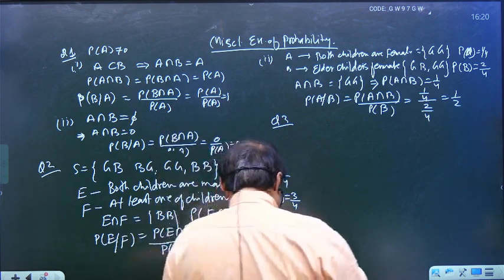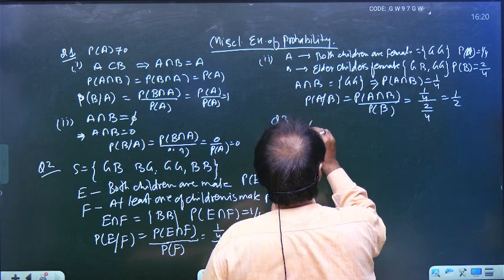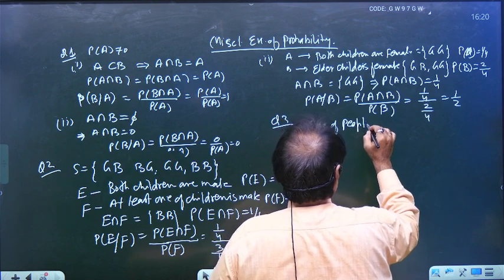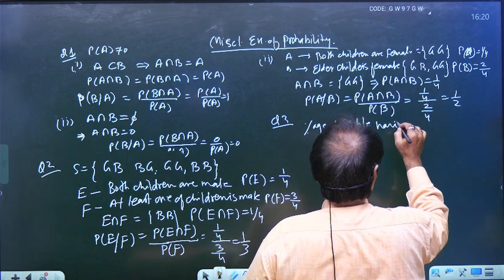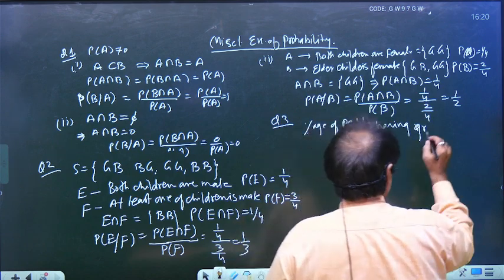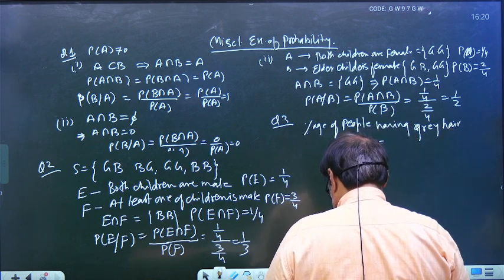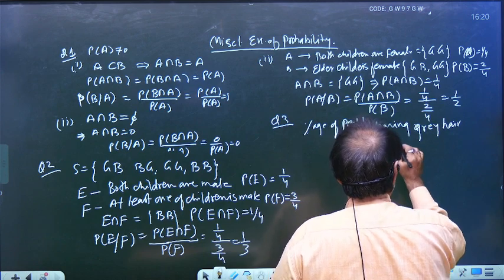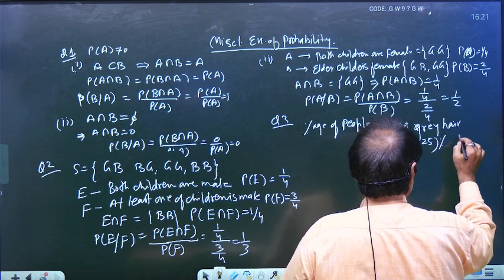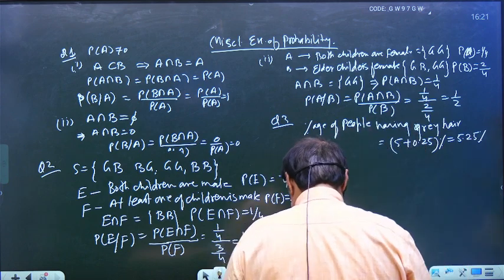So the percentage of people having gray hair is equal to 5% plus 0.25%, that is equal to 5.25%.